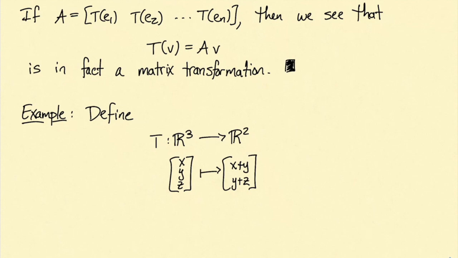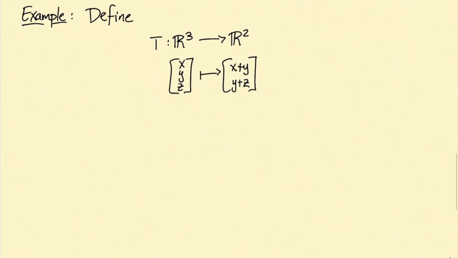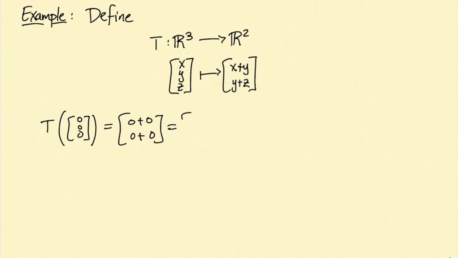First, we'll check that this function is actually linear, and then we will write down the matrix that defines it. The first property we need to check is that T maps the zero vector in R3 to the zero vector in R2. This is pretty easy to see: if we take the vector with 0 in all three coordinates, adding the x and the y coordinate is still 0, and adding the y and the z coordinate is also 0.